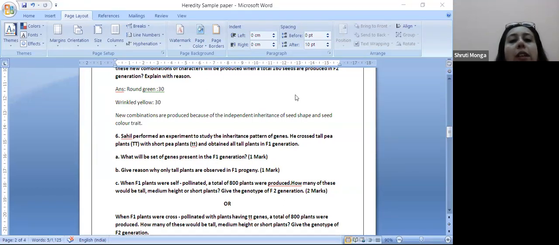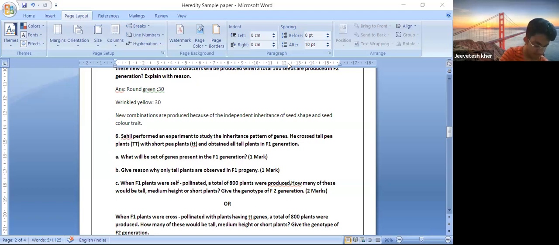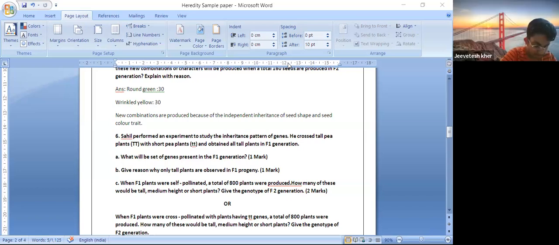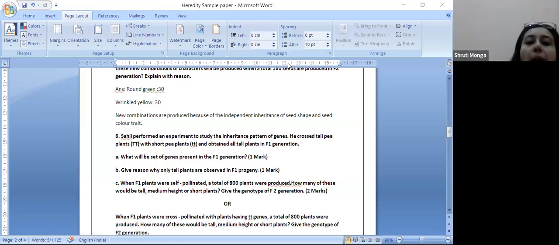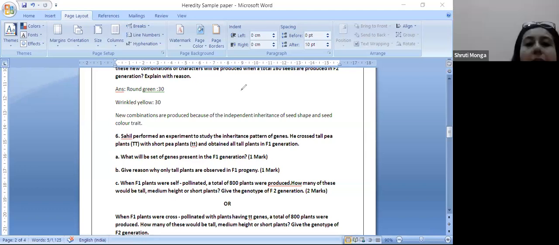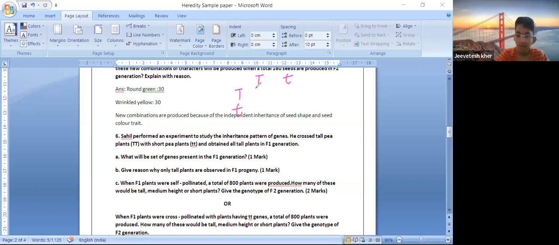They have given you the number, 800 plants. Now take that 800 and, on the basis of that, calculate the rest of the phenotypes. So how many tall and how many short plants will you get in the F2 generation? For F2 we write capital T, small t.